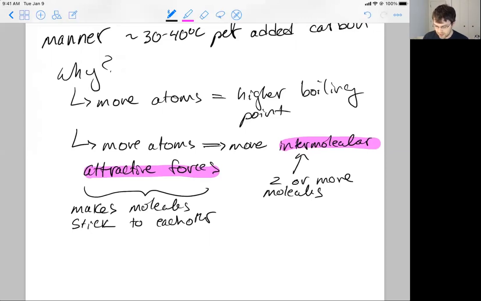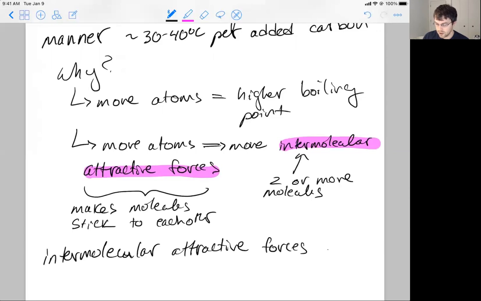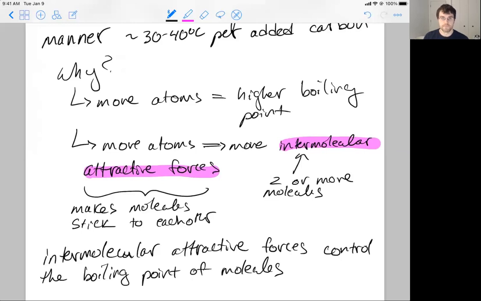So I'll rewrite it: intermolecular attractive forces control or dictate the boiling point of molecules. Okay, the boiling point is determined or dictated by these intermolecular attractive forces.